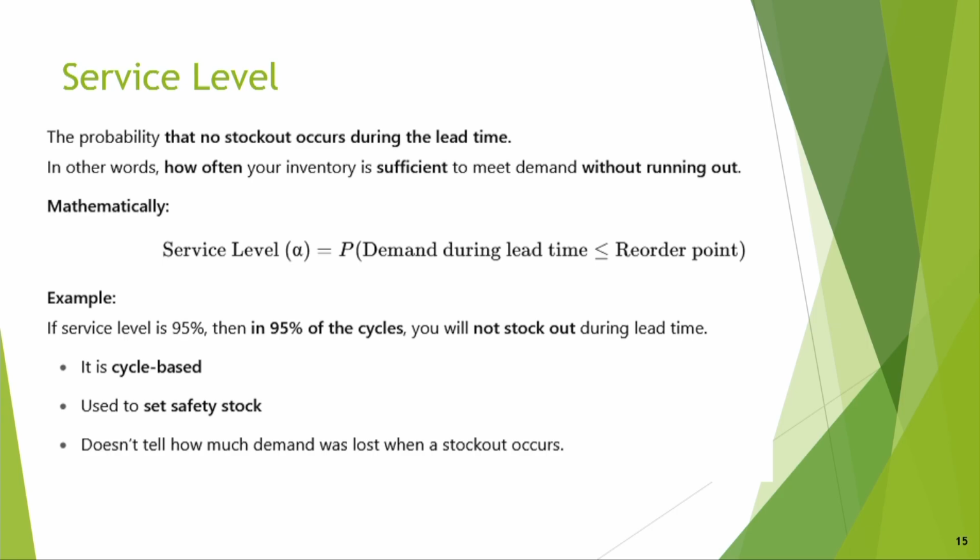A cycle means one process where I ordered something and consumed it, then I ordered again and consumed that, another cycle. This service level is used to set safety stock, but it does not tell how much demand was lost when a stock out occurs. It is just whether you fulfill the demand or not, but it does not tell about the quantity.